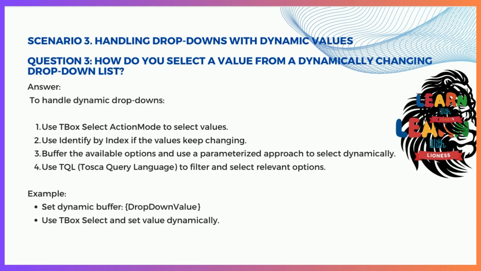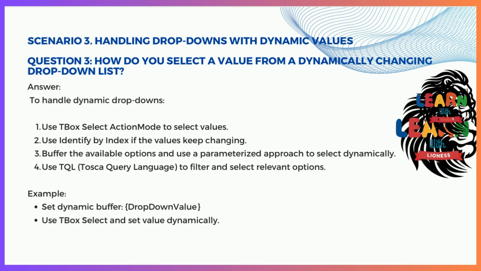Scenario 3. Handling drop-downs with dynamic values. Question 3. How do you select a value from a dynamically changing drop-down list? Answer. To handle dynamic drop-downs: 1. Use TBox Select action mode to select values. 2. Use identify by index if the values keep changing. 3.